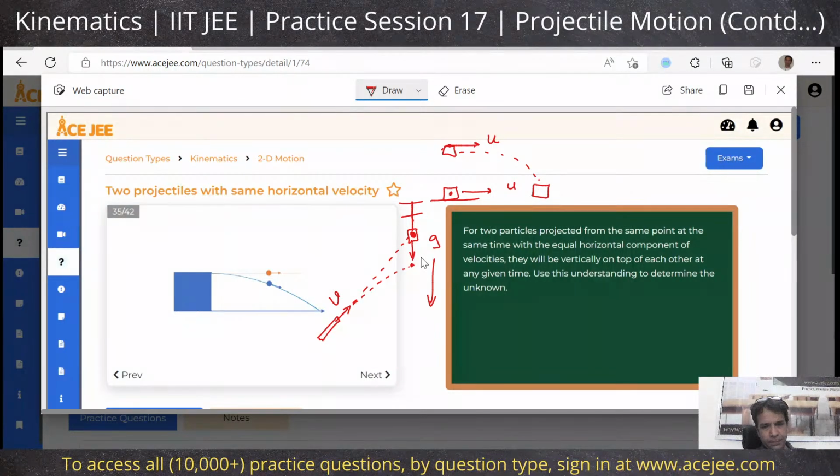Chavi, can you explain? Ruchika, Manan, can you guys explain better why that is the case? Why will the bullet hit the target?